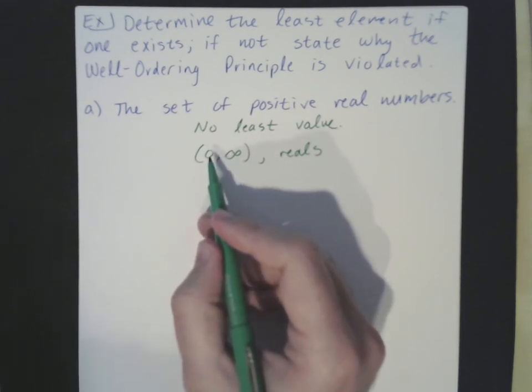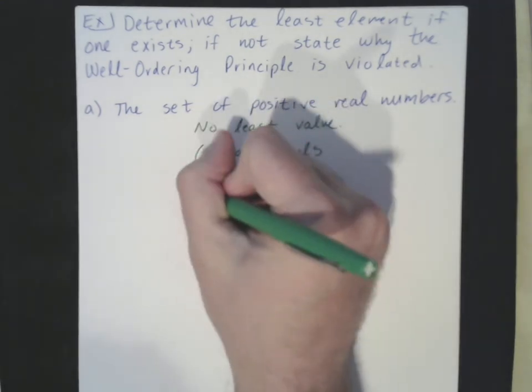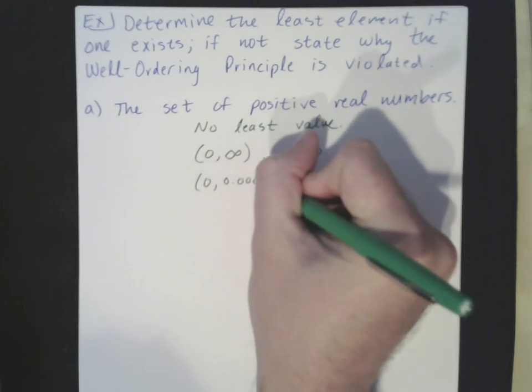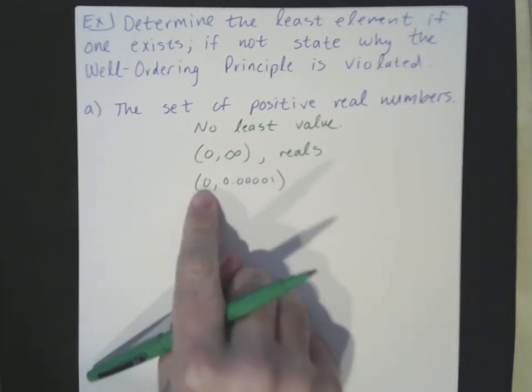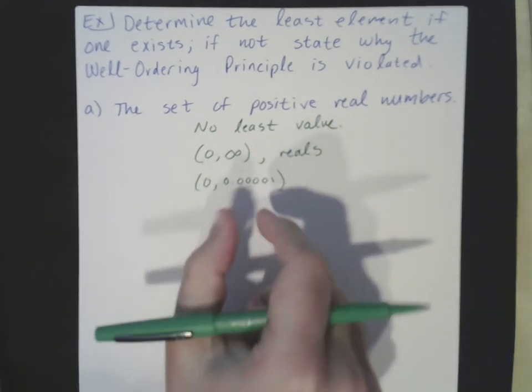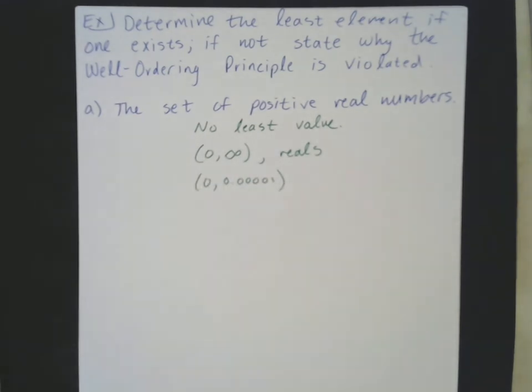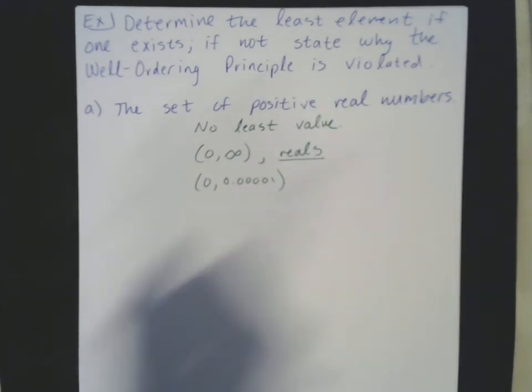But there's never going to be a least real number, because even in the interval from 0 to 0.00001, there's still an infinite number of things. And we can keep making this smaller, and it doesn't change the fact that there's still an infinite number of real numbers. And that's the key here, these are reals.